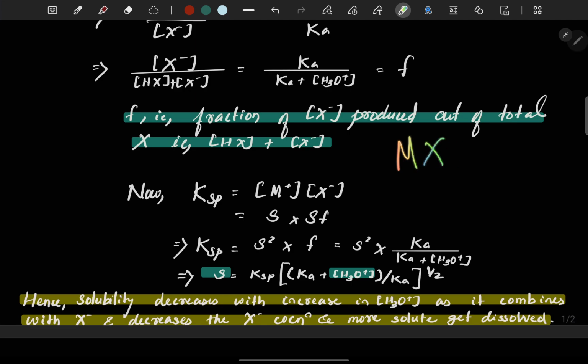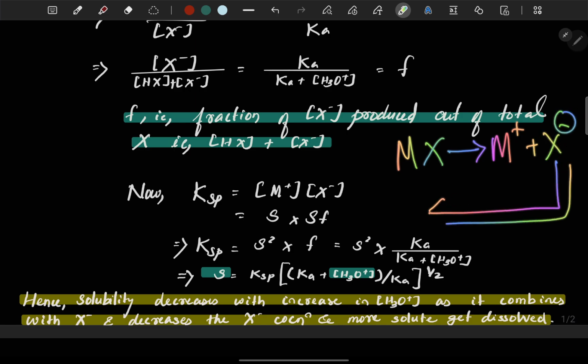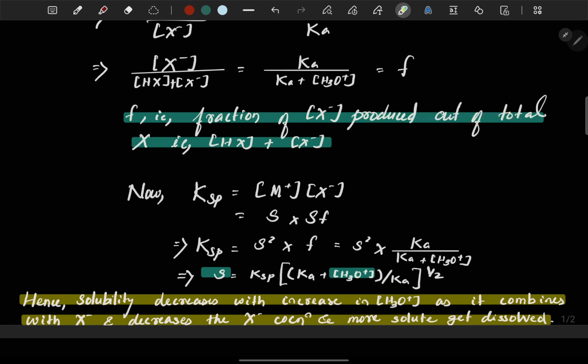If you dissolve S amount of MX, it will produce M+ and X−, but this X− will remain in equilibrium with the HX. So if you add acid, this X− concentration will decrease, so a greater amount of MX will dissolve in the solution. That's why the solubility of the salt of a weak acid will increase with an increase in H+ ion concentration or a decrease in the pH.